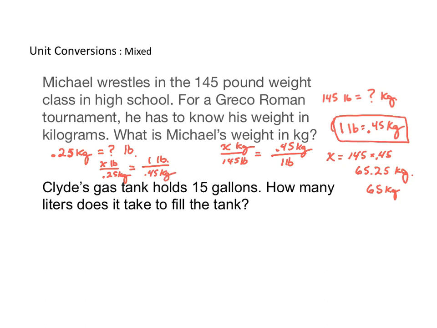And this time when I cross multiply, it's going to be 0.45 times x. And 1 times 0.25 is 0.25. So now x is going to be a division, 0.25 divided by 0.45. Let's do that. I want to know what that is. Okay, 0.25 divided by 0.45.